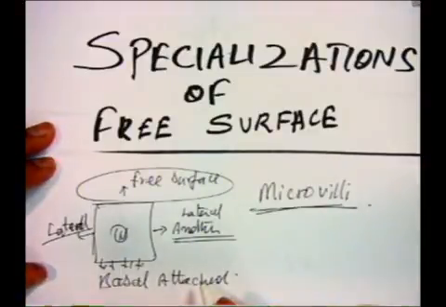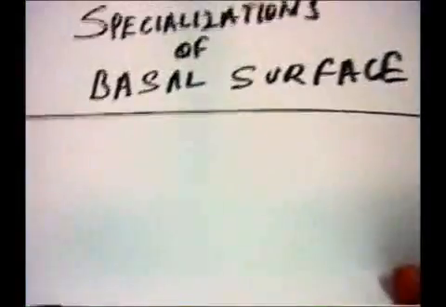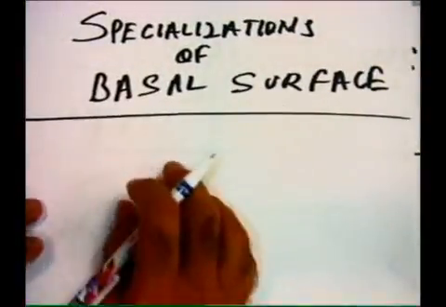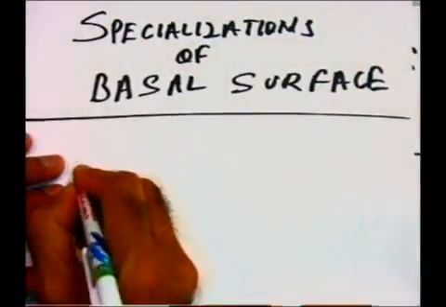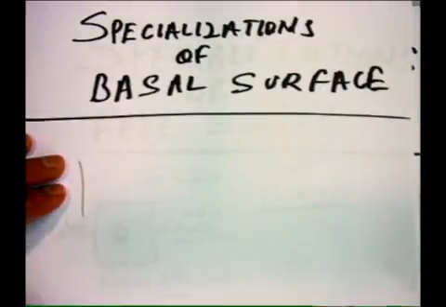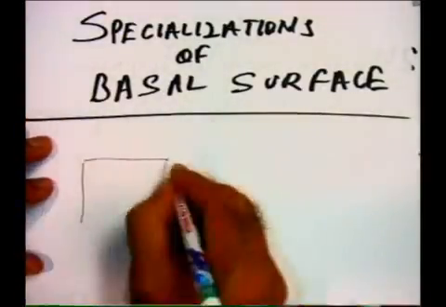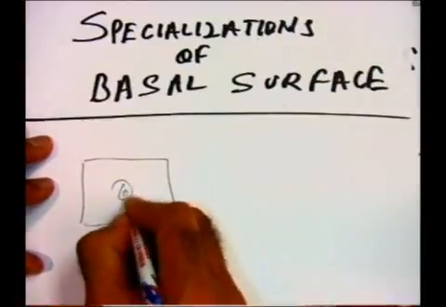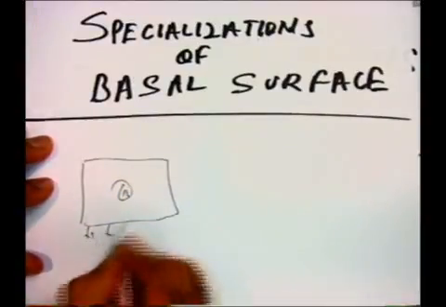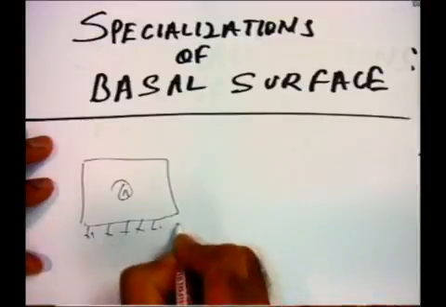Okay. Now the next one, I'll go on to the basal surface of the cell. What will be the basal surface of the cell? This is the cell, nucleus, and the basal surface. This is the basal.